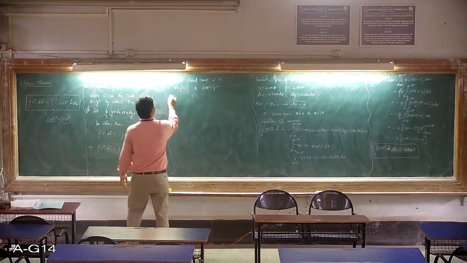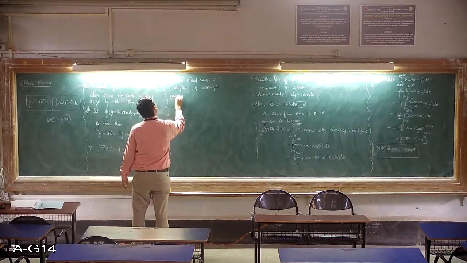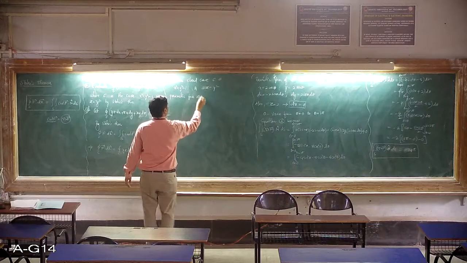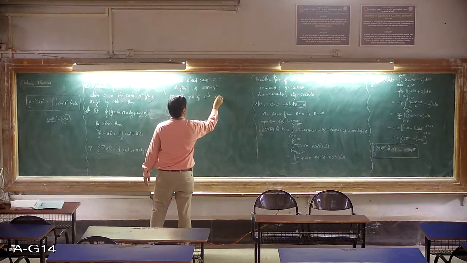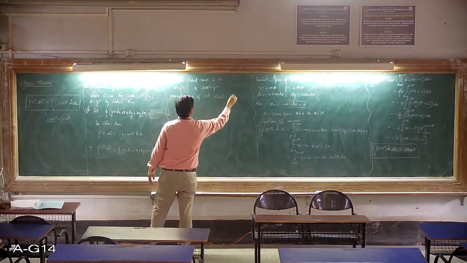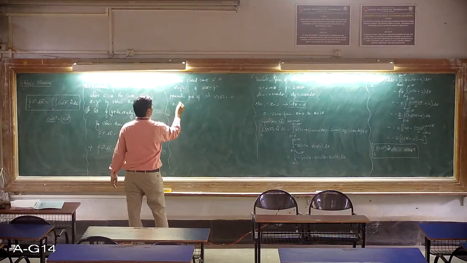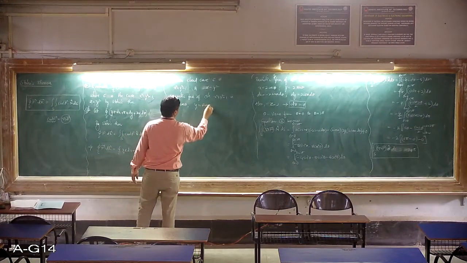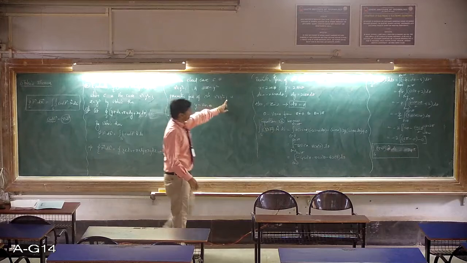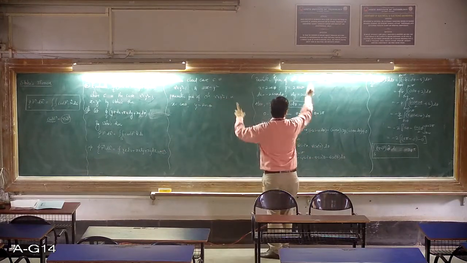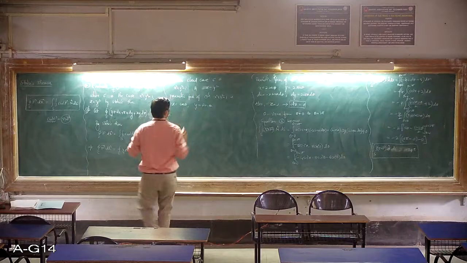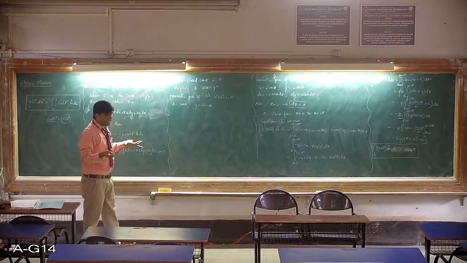The parametric form of the circle x square plus y square equals 1 is x equals cos theta, y equals sin theta. Do you know why? Because here the radius is 1, so 1 cos theta is cos theta, 1 sin theta is sin theta. In the earlier example the radius was 2, therefore we had written 2.